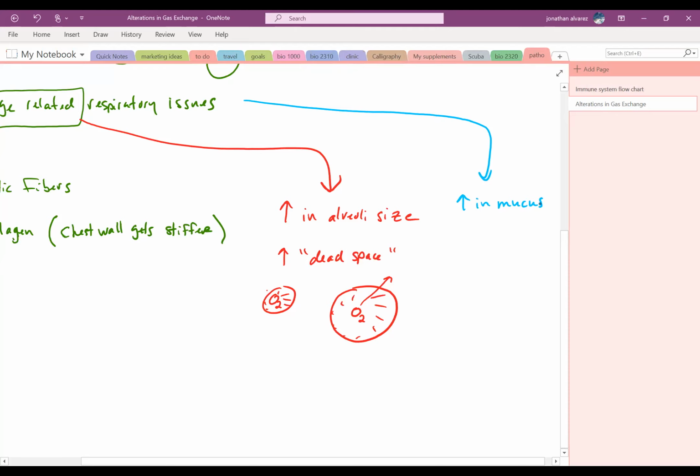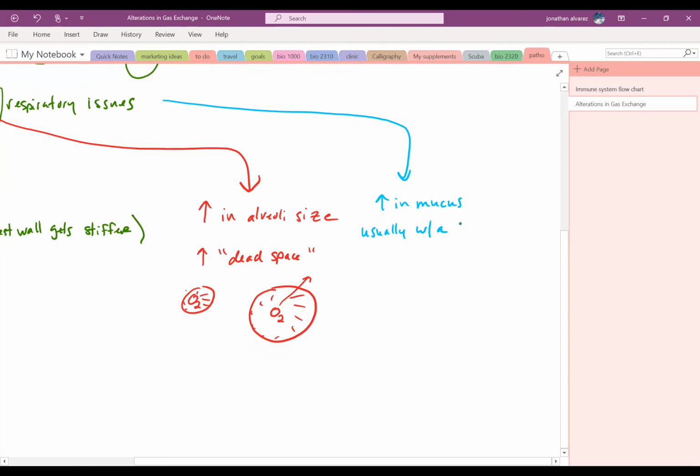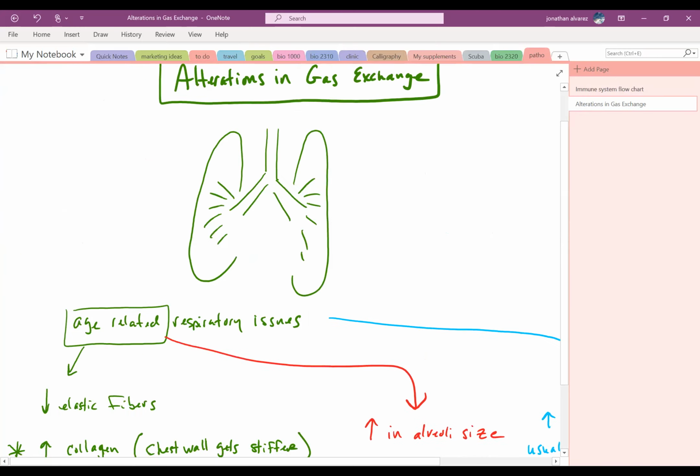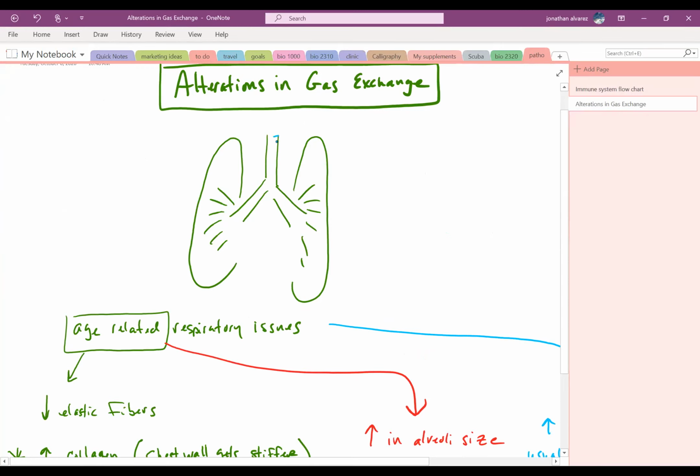And the fun part about that, usually with a decrease in cilia. Okay. The cilia line the respiratory passageway, right?